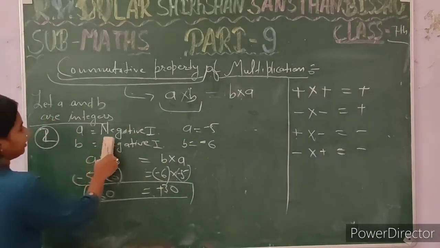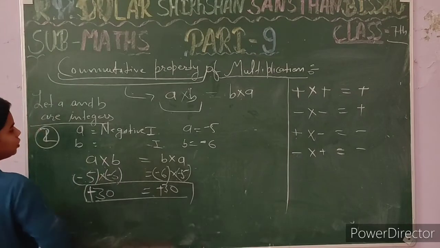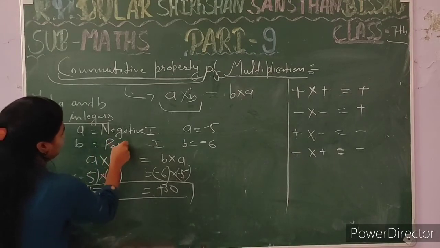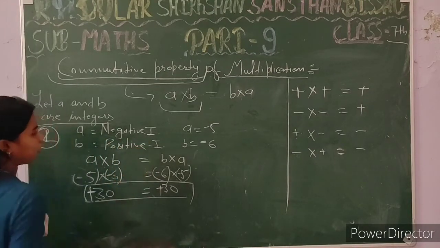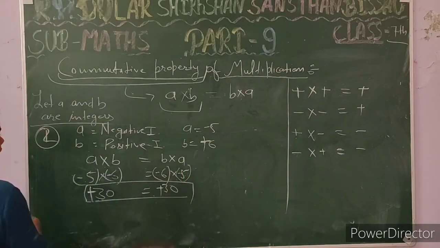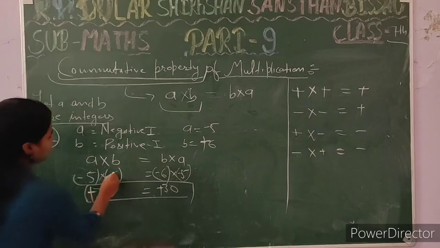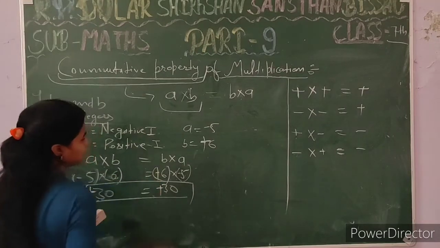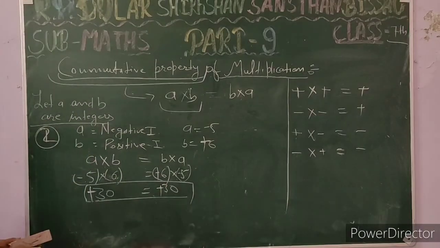Okay, then I will take here the first one negative and the second one positive. Students look carefully, the first one is negative, the second one is positive. Then what will be the result?